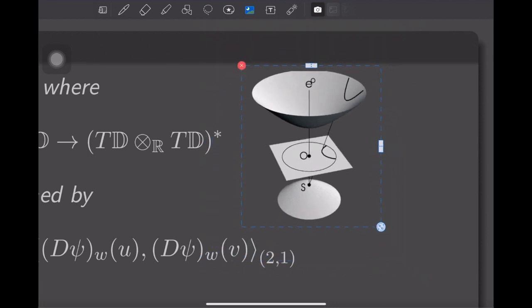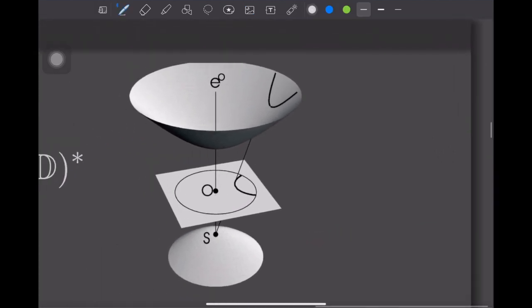So here, take a point in the disk, and then take the projection to the hyperboloid.